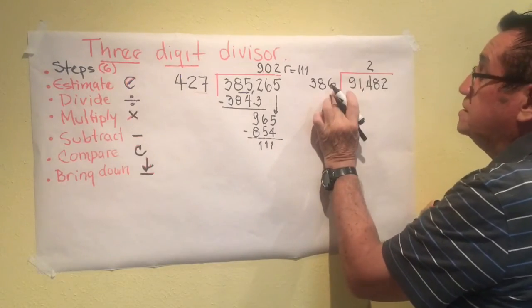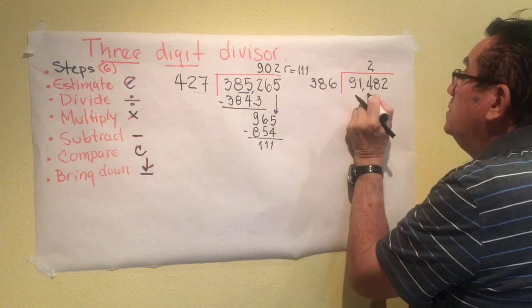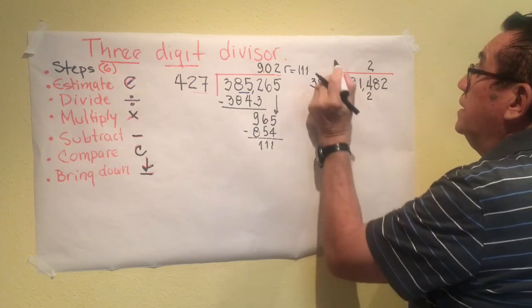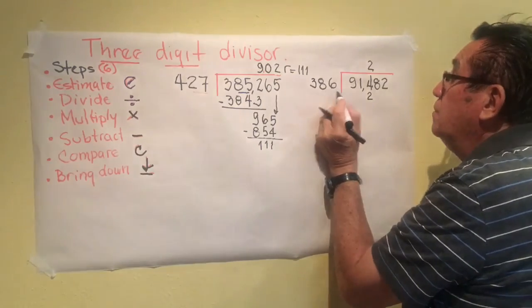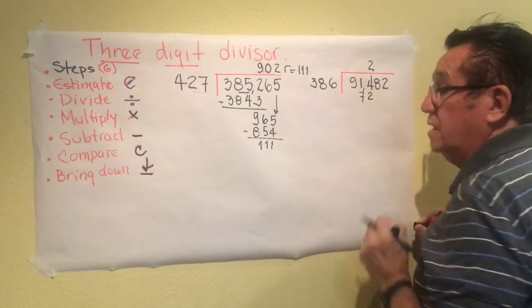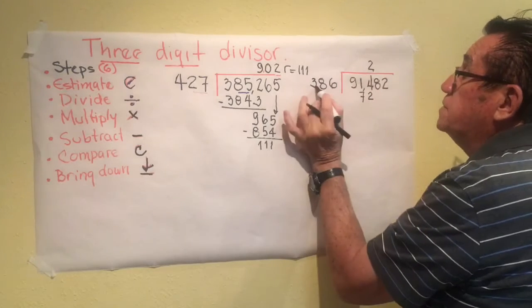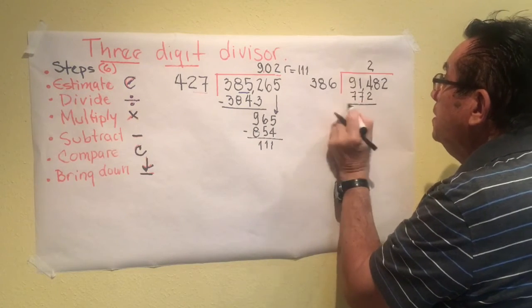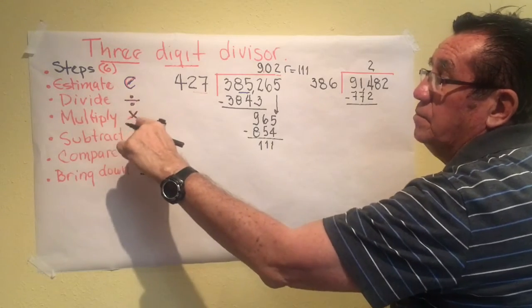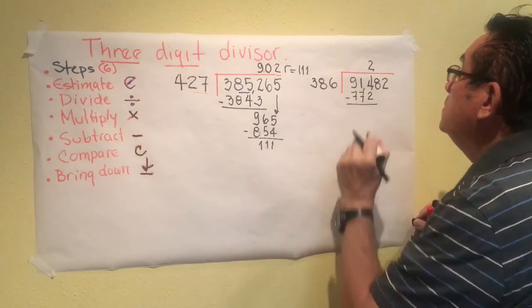2 times 6 is 12. Okay? I take 1. 2 times 8 is 16. Plus 1, 17. I take 1. 2 times 3 is 6. Plus 1 is 7. Okay? I have multiplied. Now I have to subtract.